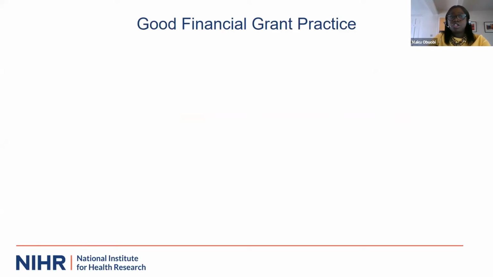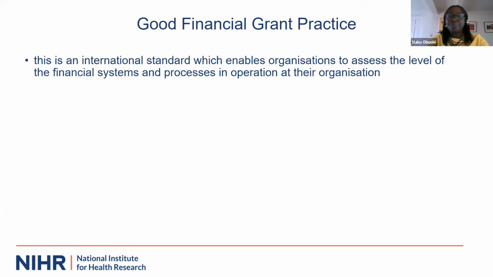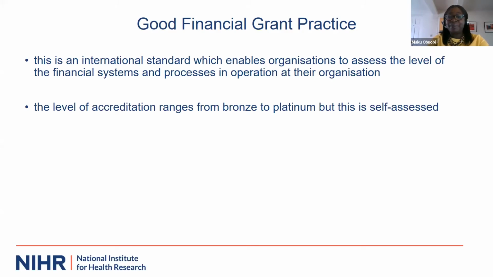So the Good Financial Grant Practice, or GFGP, is an organizational review standard developed by the African Academy of Sciences, and it's used for capacity assessment and due diligence reviews. Organizations are able to self-assess and rate their level of financial systems and processes on the system.